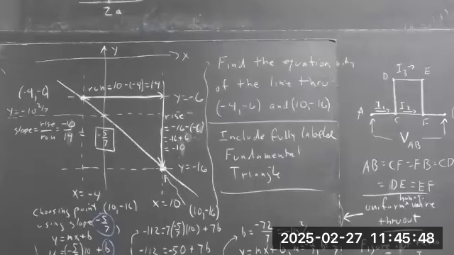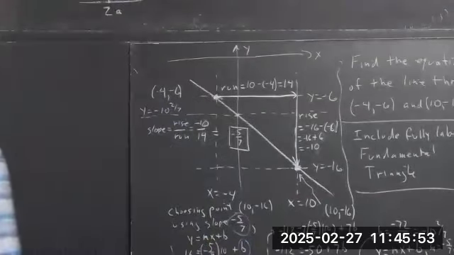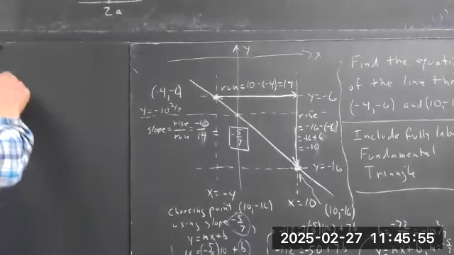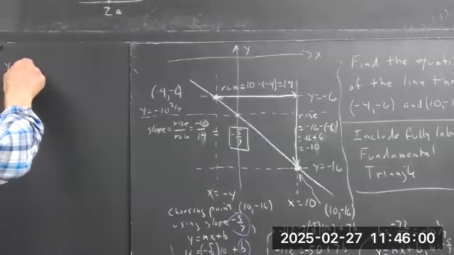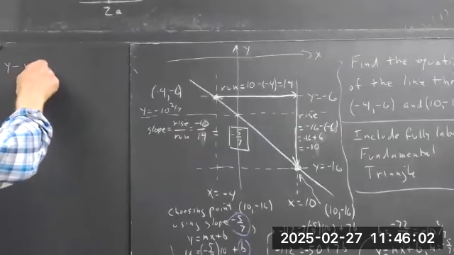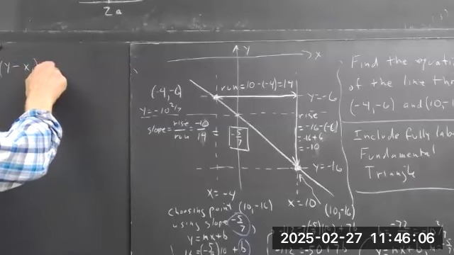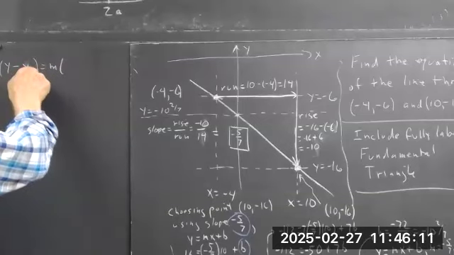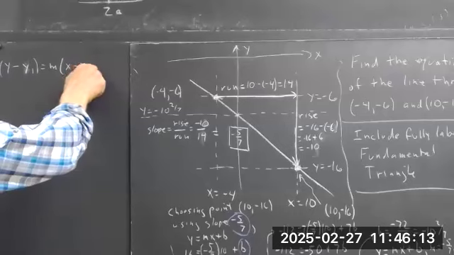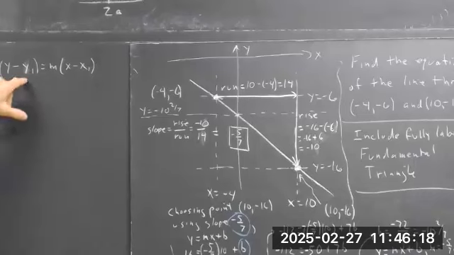Now, we can also do this, of course, with symbols. Right, that's fine. Now you can have an x1 and a y1.